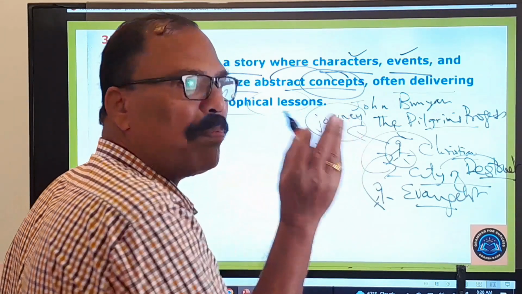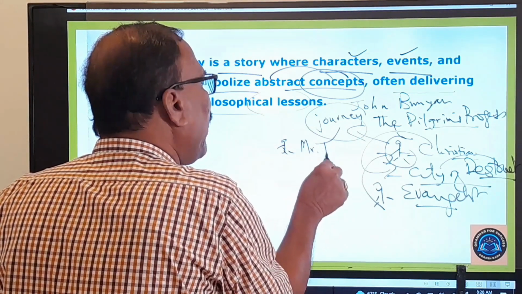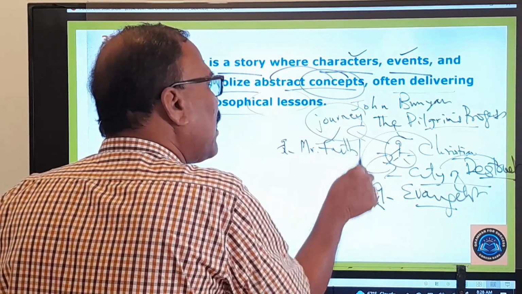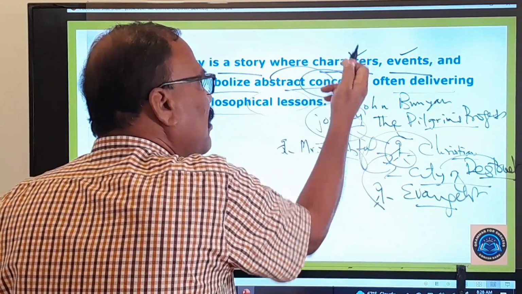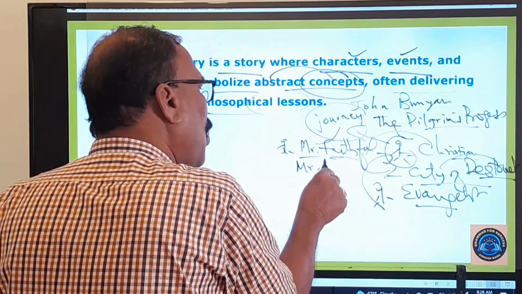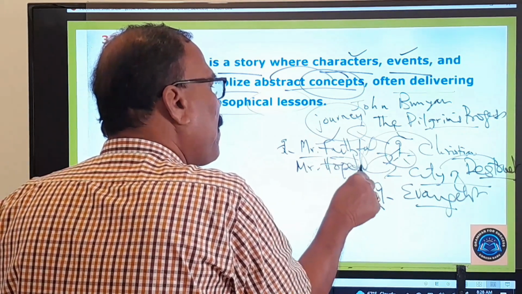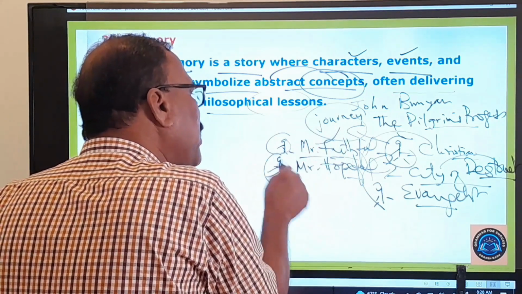He meets two persons. One is Mr. Faithful. See the character. This is an abstract concept. This is the character in this. He meets Mr. Faithful and Mr. Hopeful. See, this is another person. So on his journey, he meets these two persons.